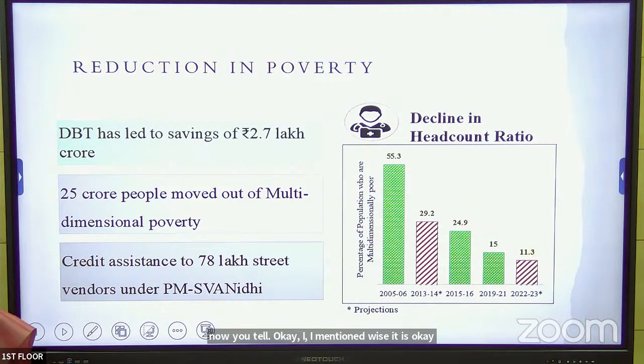Instead of calling it standard of living, we have to call it access to resources. Do we have access to resources or not? Right? So do we have basic education or not? Enrollment or not? Have we reduced our infant mortality rate? Have we reduced our malnourishment? Right?